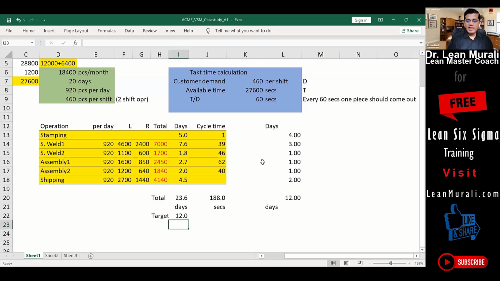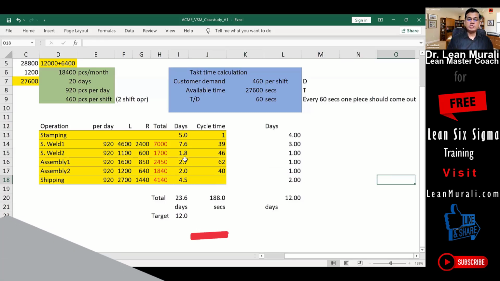All right, so in value stream mapping, we question and say, okay, if there are 5 days of inventory, can we have 4 days of inventory? If it is 7.6 days of inventory, can we have 3 days? So we discuss with the team, and then we challenge, and we'll have a separate project. Now, when we try to reduce this, the team will come out with various challenges.